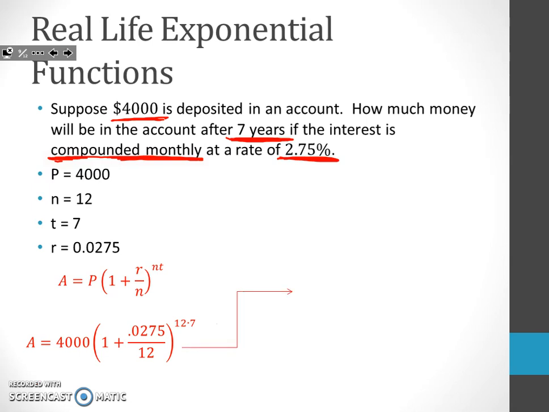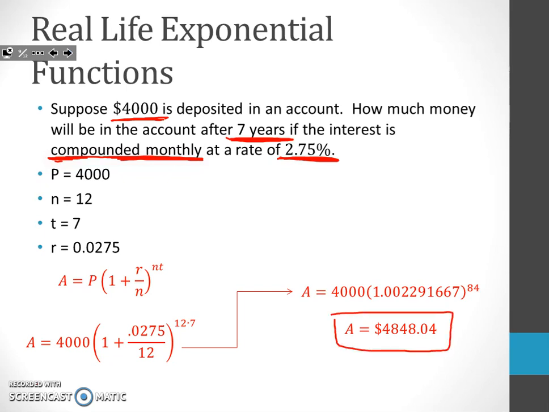If you do that, you should get 4,000 times 1.002291667 to the 84th power. Write out all these decimals; it's going to help handle any rounding errors. Once you simplify it down to that point, plug that into your calculator, and you should get your final answer, 4,848.04. Make sure you're getting that answer. If you need to, pause the video. Okay, we're going to go ahead and go on.